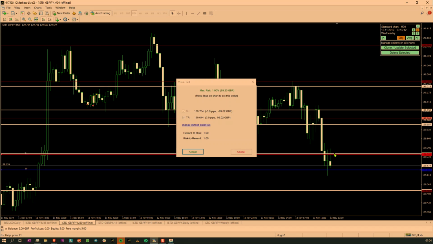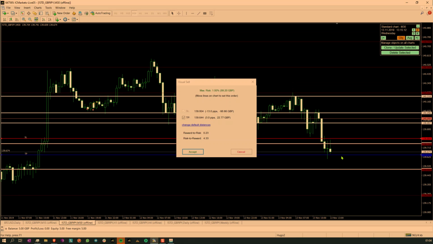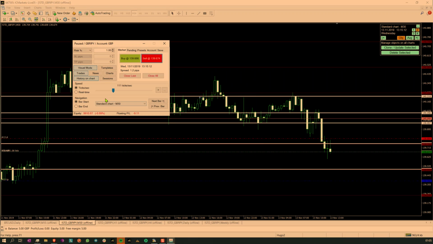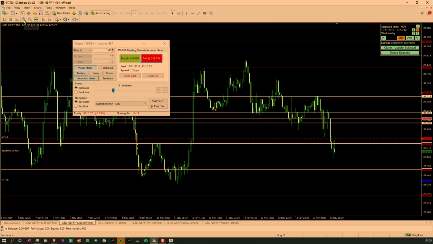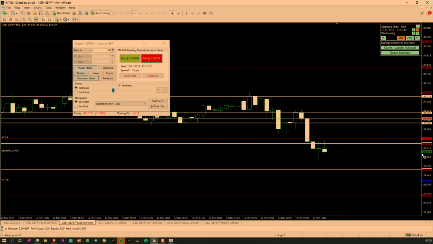We stop just above here is 13 pips and an open target, this bottom here. Well, not really open, 28 pips. How is this? Yeah. Okay, so let's play.